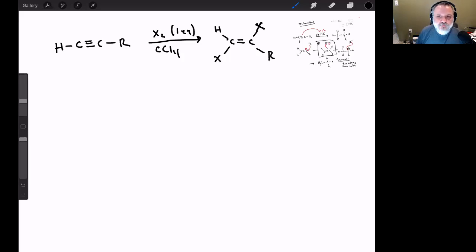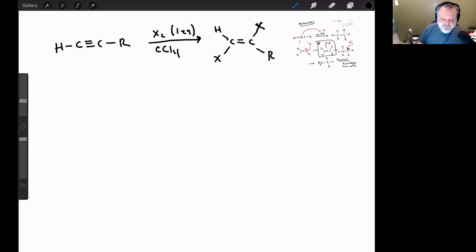You could propose a mechanism that would involve a cyclic three-membered ring, except this time it would have a double bond. So you can get an alkene that has two halogens attached across the double bond if you react an alkyne in the presence of X2 with one equivalent.